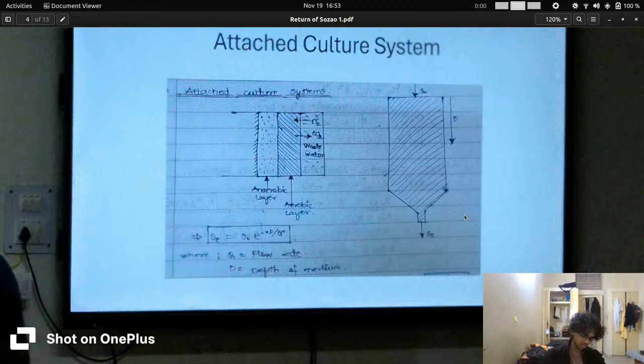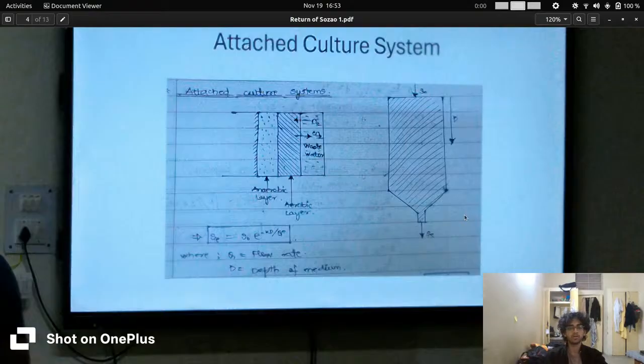Also, I know that from bonds, S by S naught equals 1 on 1 plus k theta, right? And theta is basically the time it takes.